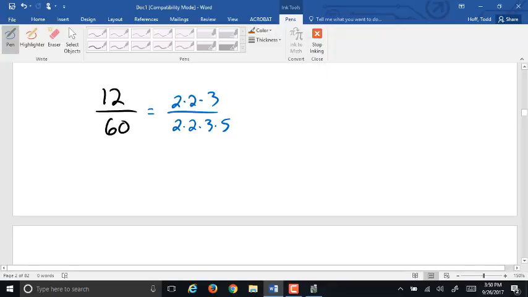So if we factor these, 12 factors into 2 times 2 times 3. 60 would factor into 2 times 2 times 3 times 5. Now I realize at this point it will take you guys a little bit longer to factor than I do, because you'd probably have to write out the 60 as 10 times 6, and 2 times 5, and 2 times 3.